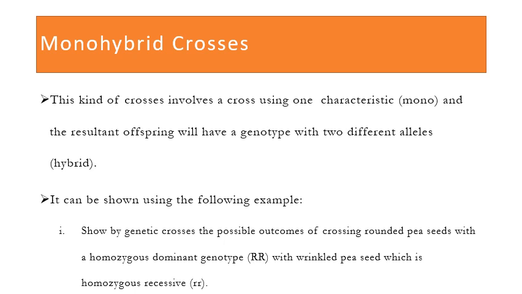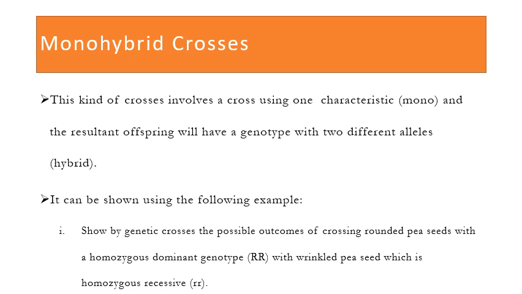When we're doing monohybrid crossing, we are just going to look at a certain characteristic of the organism and see the interaction of the alleles as they occur at the end of the crossing. For example, we are going to show the impact of crossing peas with a specific allele coding for a rounded pea seed and another allele, and in this allele we're having two extremes.